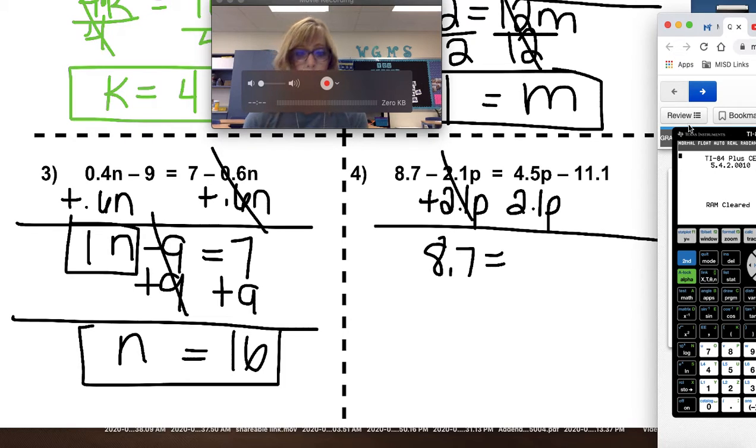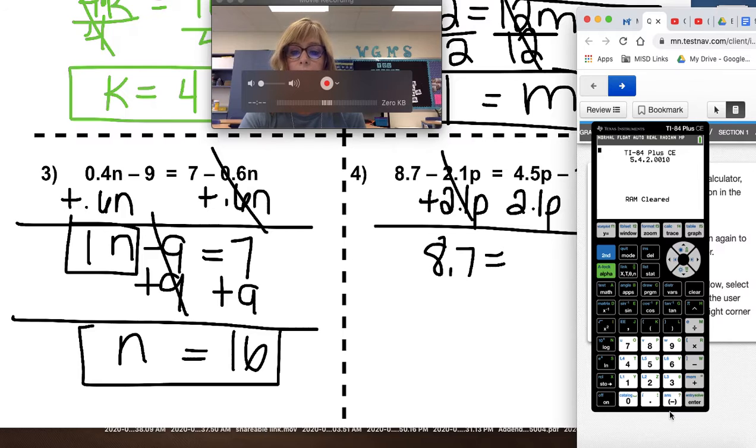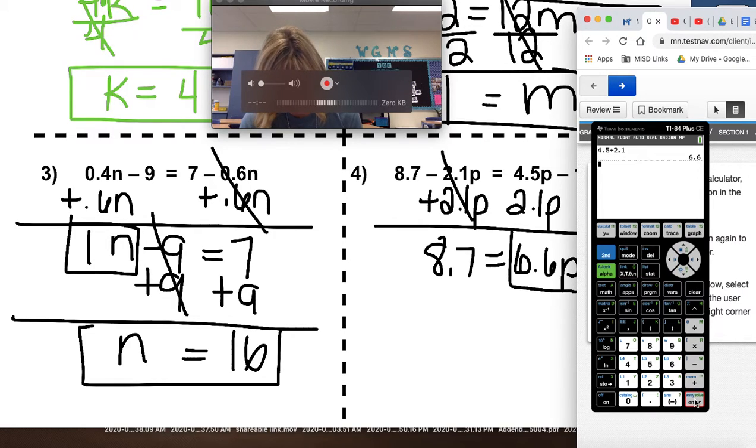And then 4.5 plus 2.1, just to throw in using the calculator, 4.5 plus 2.1, make sure y'all know how to use it, 6.6p minus 11.1. So you're going to keep your variable here and move the 11.1 since it's minus 11.1.